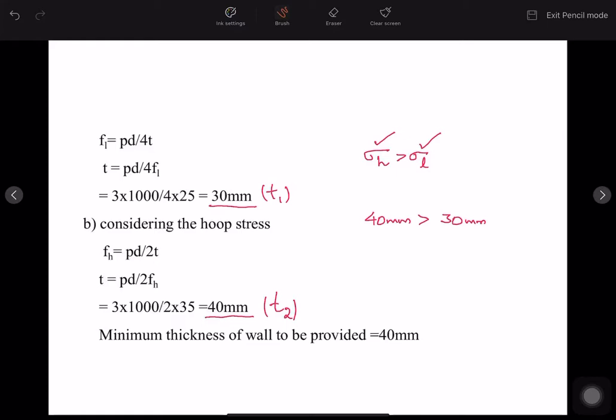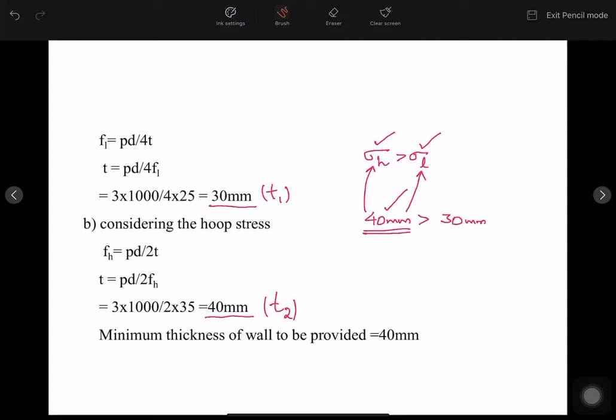Even though the thickness is more compared to the longitudinal stress case, we need to place this thickness only, because if we place this thickness, it will be safe for hoop stress and automatically safe for longitudinal stress.